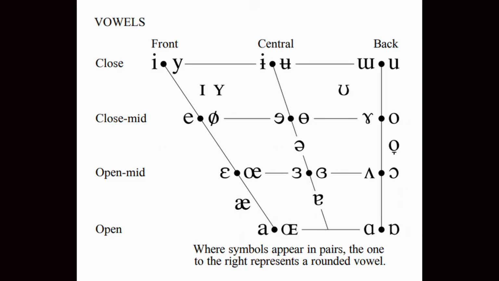We also notice that most places in the chart feature two vowels side by side, with the left being an unrounded vowel and the right being a rounded vowel. Notice how the rounded front vowels sound remarkably similar to the central unrounded vowels.